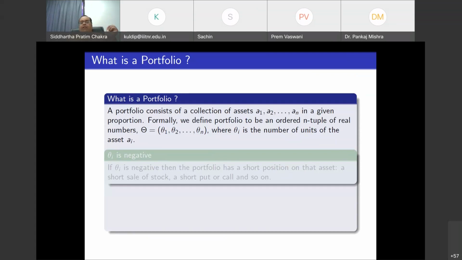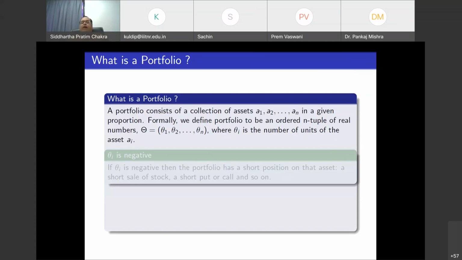So theta 1, theta 2 all the way to theta n are real numbers which indicate the number of units of the corresponding ith asset. For the purpose of our discussion, we will consider these assets A1 through An to be either stocks or bonds, but it need not be restricted to these two. You can include any other kind of investment.